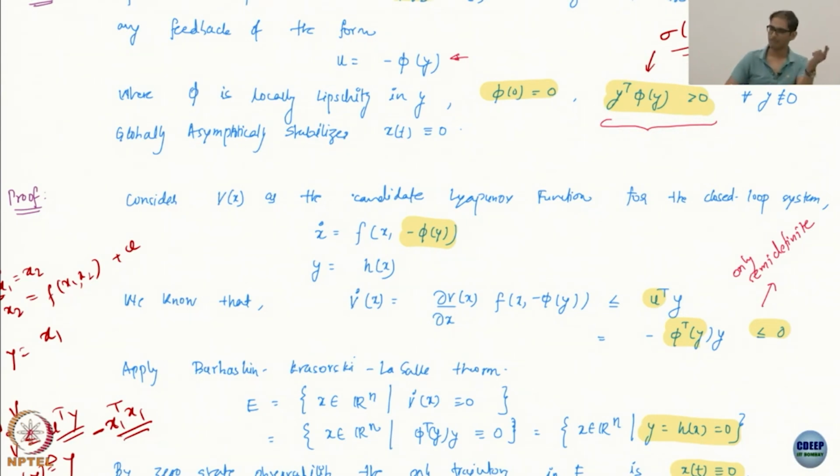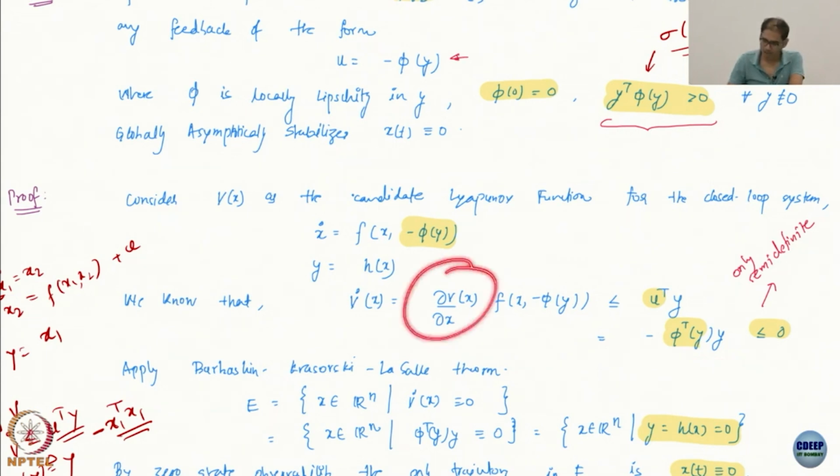Remember why it is not negative definite? Actually, you tell me why. Why did I say this is only semi definite and not negative definite? The same thing I say every time, almost in every class. Why is this V dot only negative semi definite? What did I do?